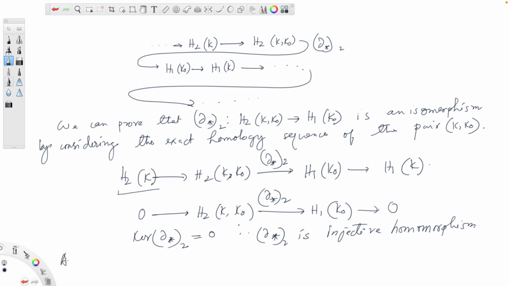Again, using the exactness of the sequence, the image of del star 2 is the whole of H1 of K0.